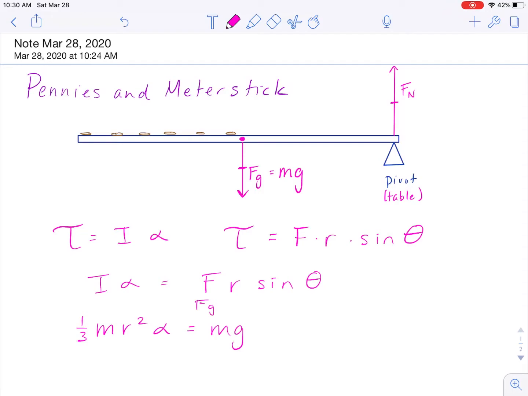The distance between the pivot and the force of gravity is half the length of the meter stick, so we'll call that 1/2 r. And then the angle between r and F here is 90 degrees, so we've got the sine of 90.